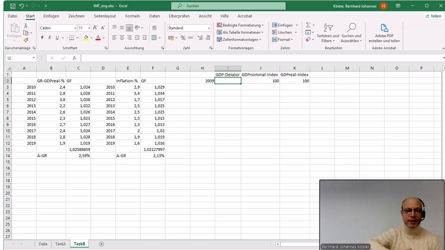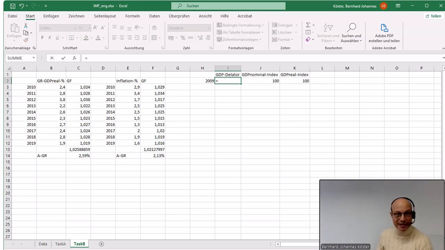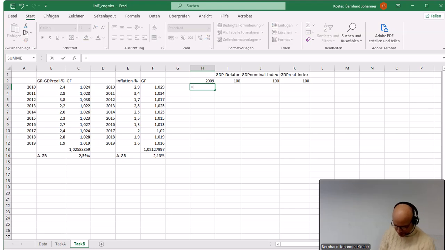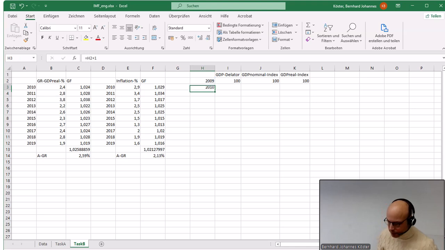But over the years, nominal GDP and real GDP are developing. In 2010, 2011, and so on, the numbers are not anymore 100. And therefore, not writing down 100, I type in here the formula. So nominal GDP over real GDP times 100 would be the GDP deflator. This plus 1.